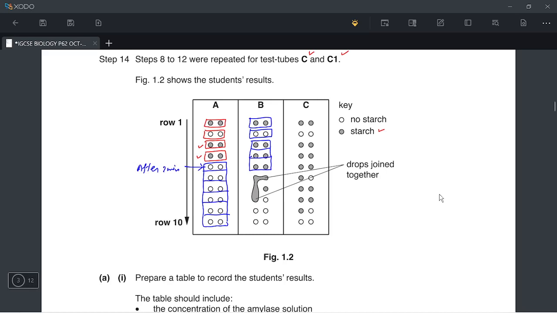And you can see there is no starch in rows 9 and 10. Row 9 and 10, there is no starch. It means starch is completely digested.